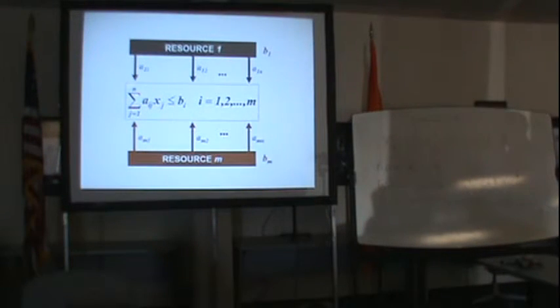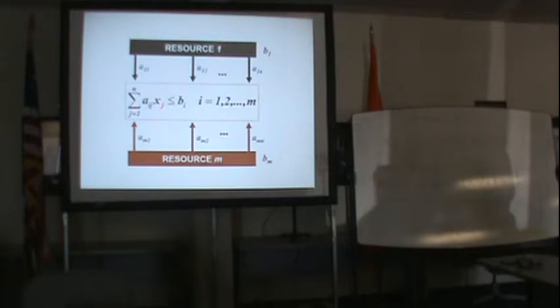Let's look at this. Sum for j equal 1 through n. j equal 1 through n are the activities. Before in my picture I have j equal 1, 2, 3. So here I have n activities. And i equal 1 through m means m resources. So I have n activities and m resources.